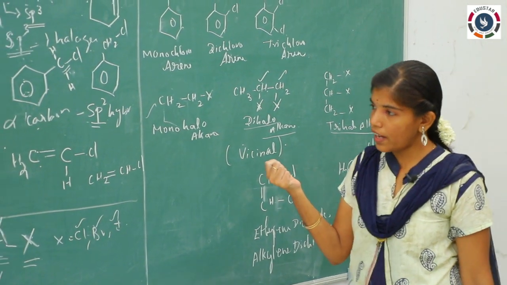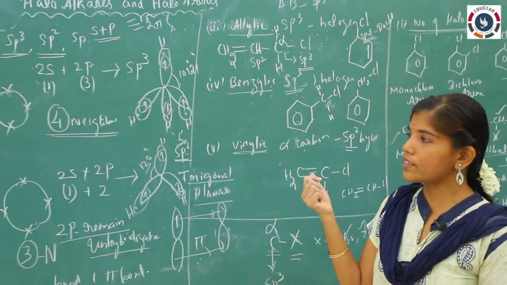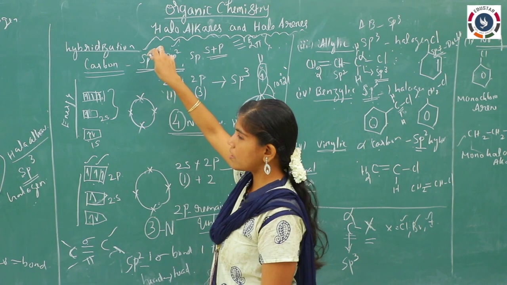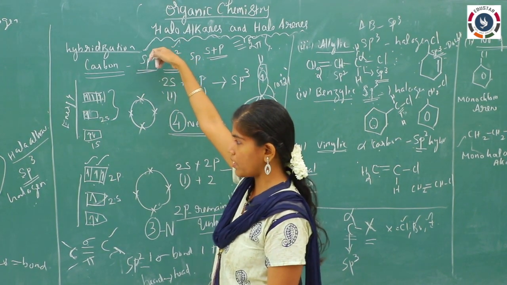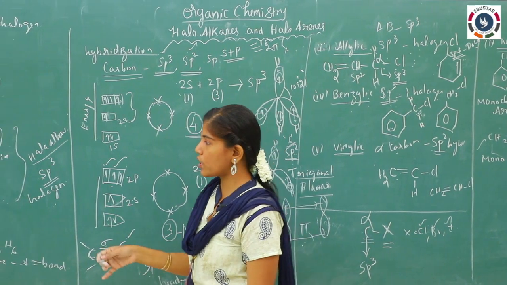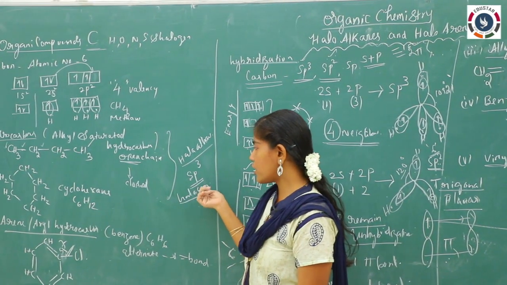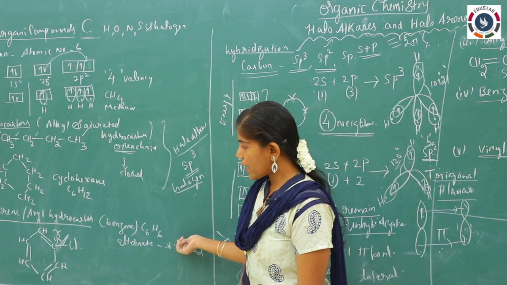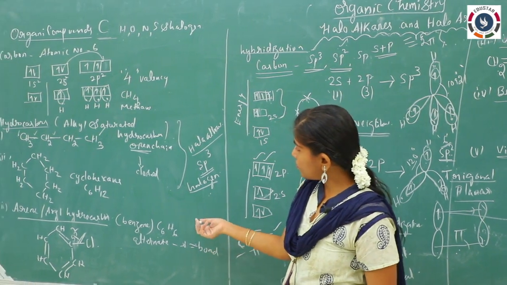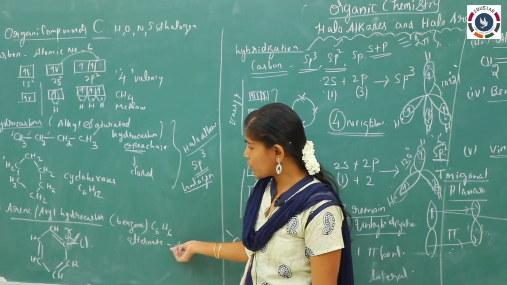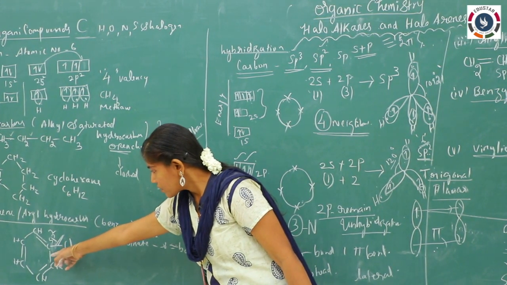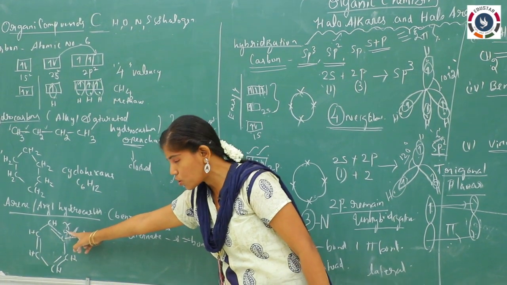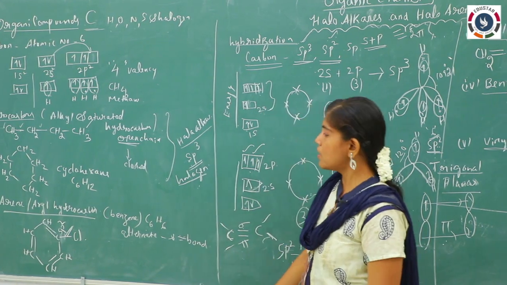Let me give a small overview of this whole session. Remember, we have two hybridizations, that is sp3 hybridization and sp2 hybridization. In case of a normal saturated hydrocarbon, the halogen is attached just to an sp3 hybridized carbon. In case of arene or aryl hydrocarbon, the halogen is attached directly to the ring. If the substituent is directly attached to the ring, then the alpha carbon atom is of course an sp2 hybridized carbon.